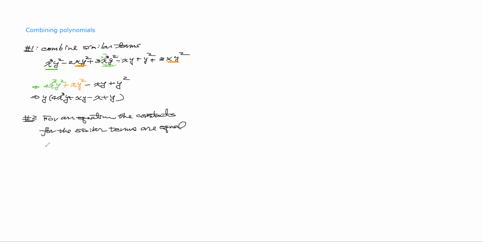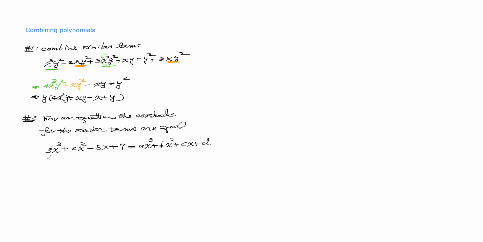So for example, if I have 3x cubed plus 2x squared minus 5x plus 7, and I say this one is equal to ax cubed plus bx squared plus cx plus d, the constants have to be the same, right?